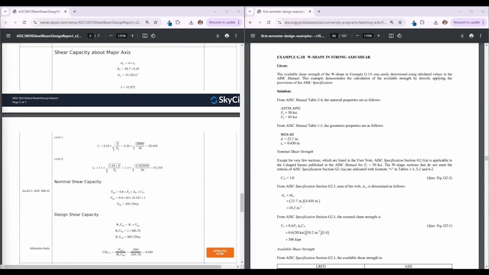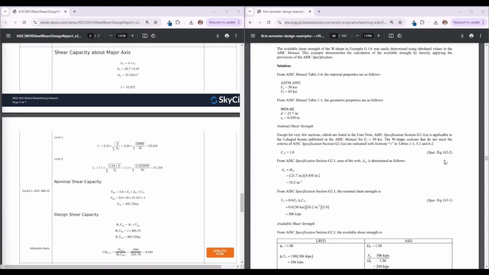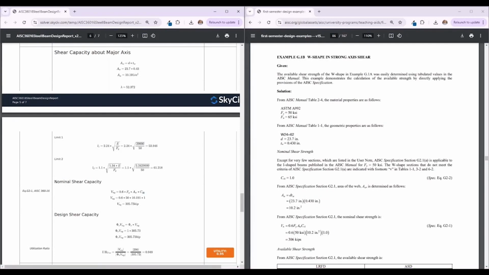The W-shaped sections that do not meet the criteria of AISC specification section G2.1a are indicated with the footnote v in tables 1-1, 3-2, and 6-2. Following specification equation G2-2, Cv1 equals 1.0, which is also reflected in the SkyCiv report under the nominal shear capacity calculation.